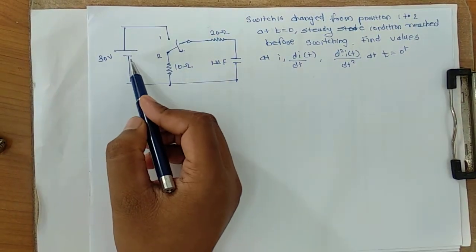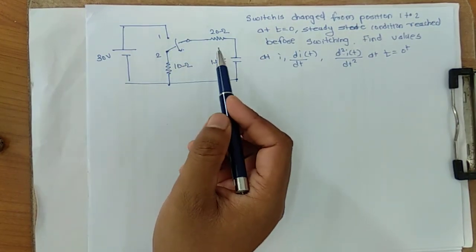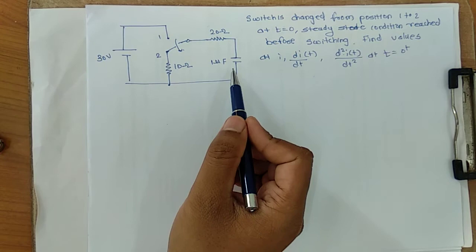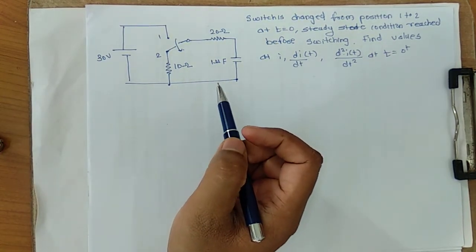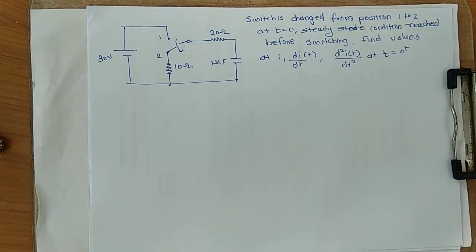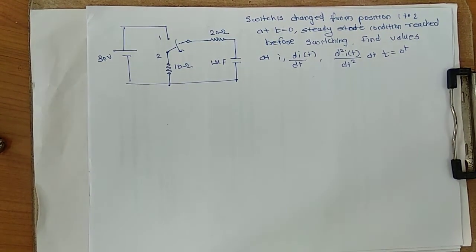In this figure a 30 volt voltage supply is there, then switch 1 and switch 2, then a 20 ohm resistor, a capacitor of 1 microfarad, and a 10 ohm resistance. We have to calculate again the same thing, that is i, di(t)/dt and d2i(t)/dt² at t equals 0 plus.